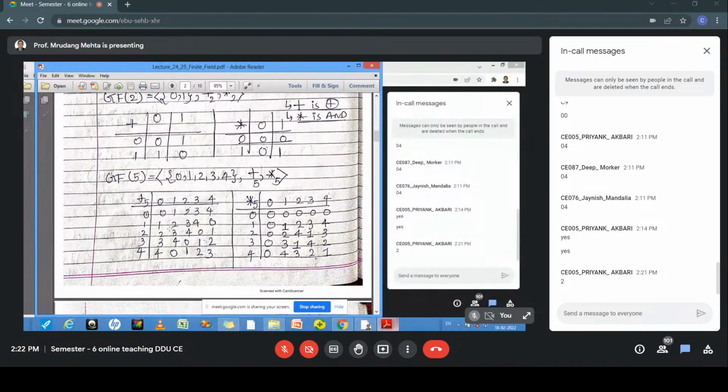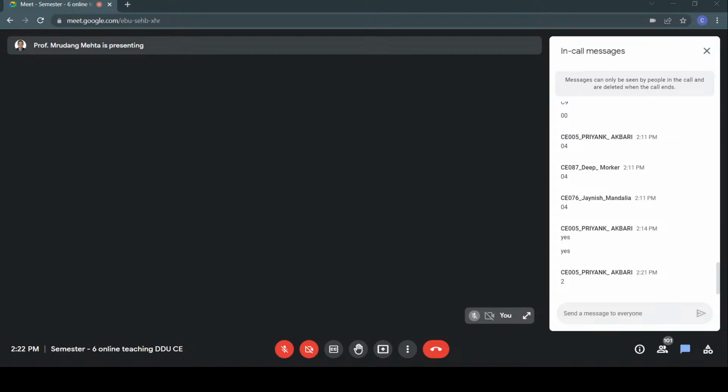Now we take second column, 0 plus 1. So 0 plus 1, 1. Then 0 plus 2 is 2, 0 plus 3 is 3, 0 plus 4 is 4. Now 1 plus 0 is 1, 2 plus 0 is 2, 3 plus 0 is 3, 4 plus 0 is 4.